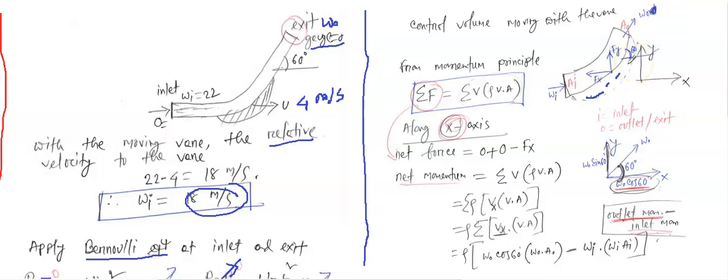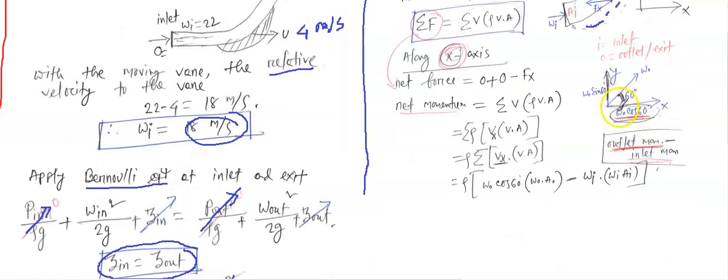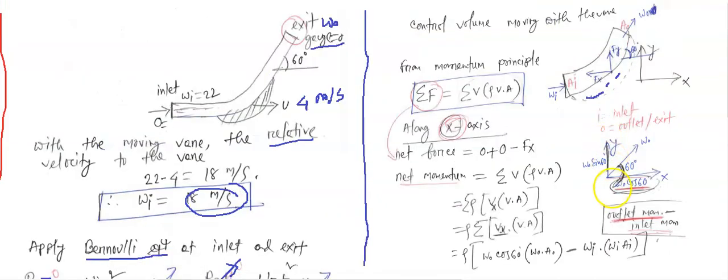If it creates a 60-degree angle, let's draw this one. This is the horizontal axis, the x-axis. It creates a 60-degree angle, and this is W naught, the outlet velocity, and this is our y direction. During the class I discussed the velocity component along the x-axis.